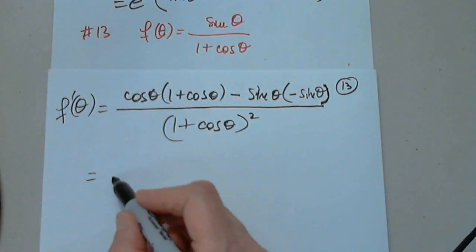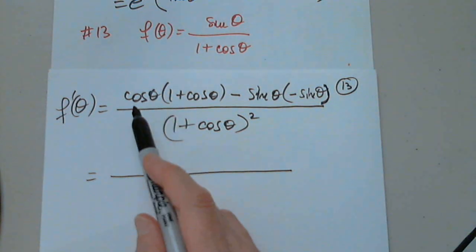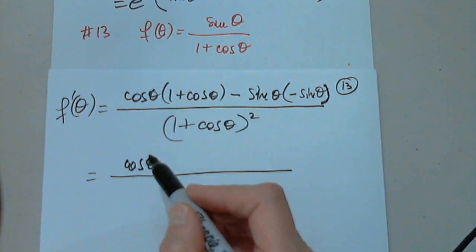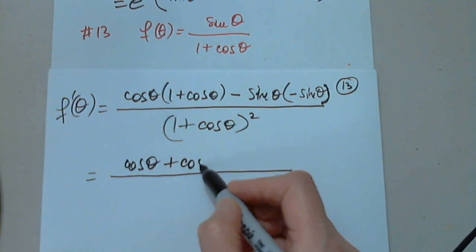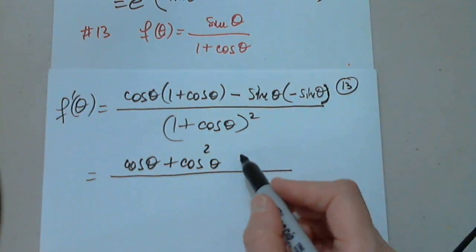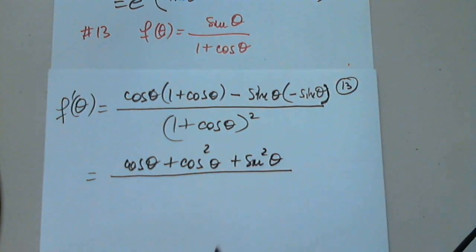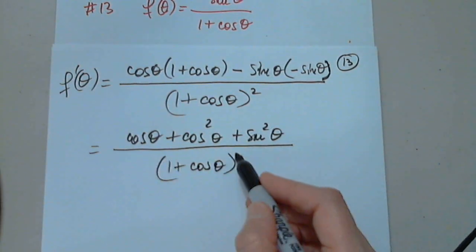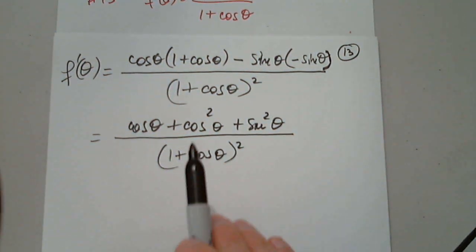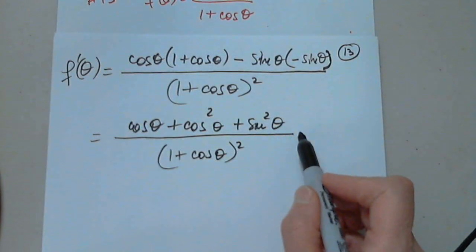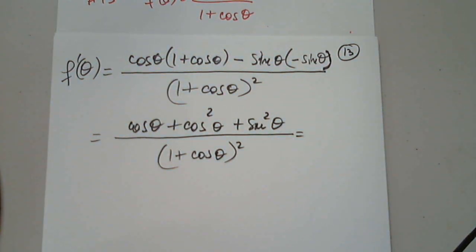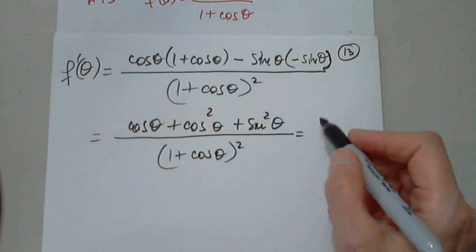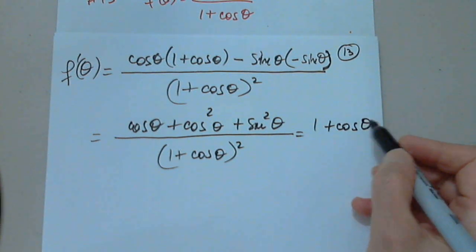That's it, because 1 prime is 0. Good, so let's try and see what we can do here. Cosine times 1, cosine times cosine, and then plus sine squared over 1 plus cosine theta squared. But how much is cosine squared plus sine squared? One. Yes. So I have 1 plus cosine theta.